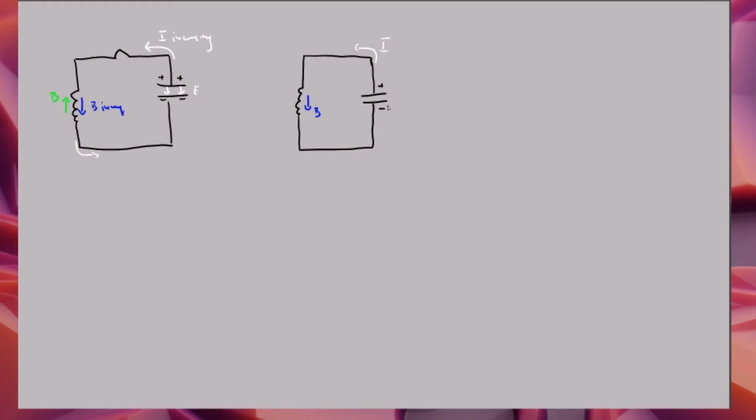And let's put some charges here. So you have some charges here. But now this current reached its maximum, so it has a certain maximum value. And let's say that for that infinitesimally small period of time, this I is constant. So you'd have I being constant here. And then likewise, this B would have its maximum value here, and it would also be constant for an infinitesimally short period of time.